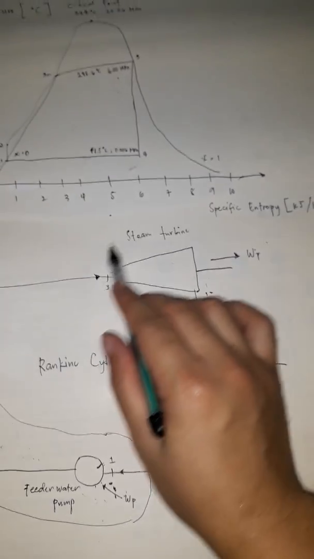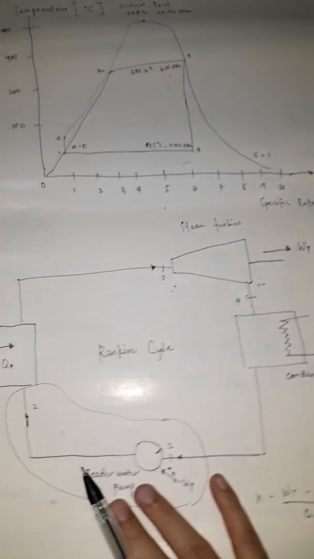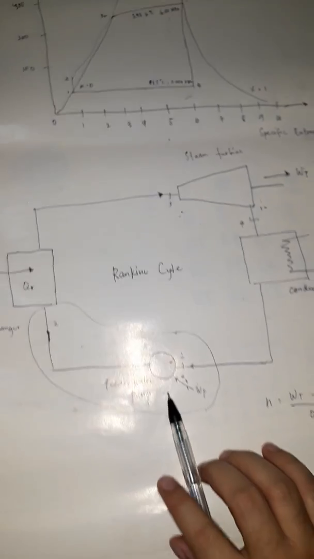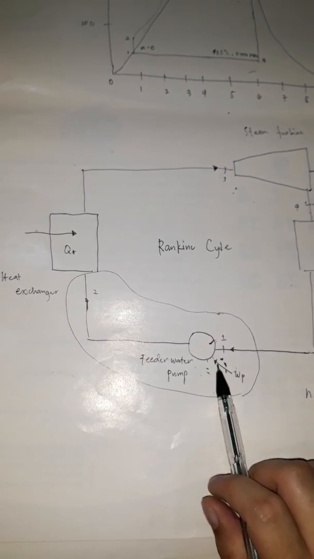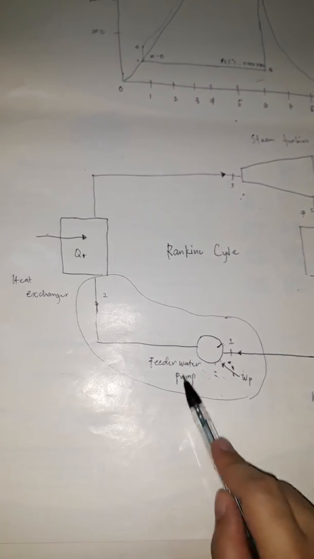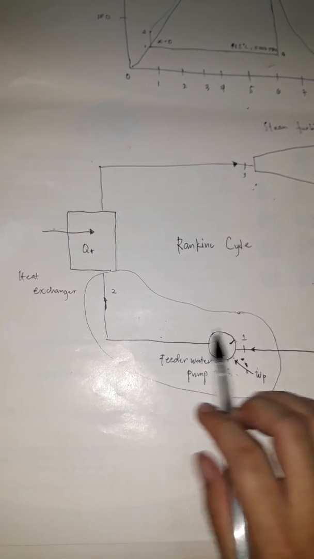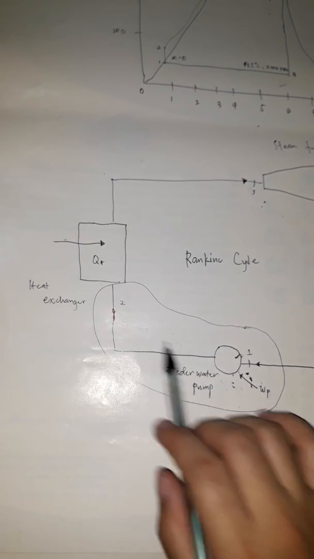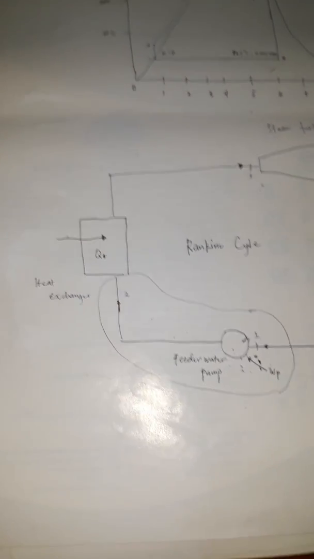Since we are done with this, we proceed to the third, which is to calculate the enthalpy difference between these two states 1 to 2, which corresponds to the work done by this pump.